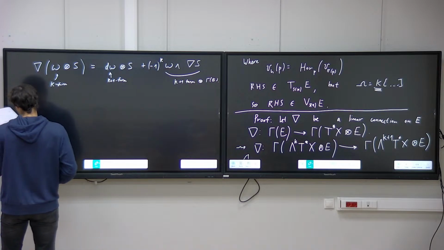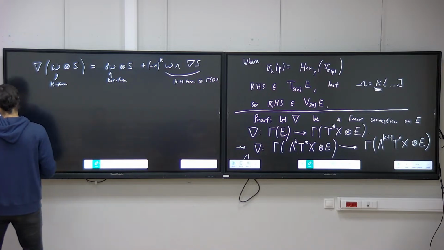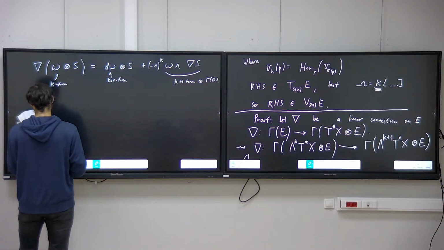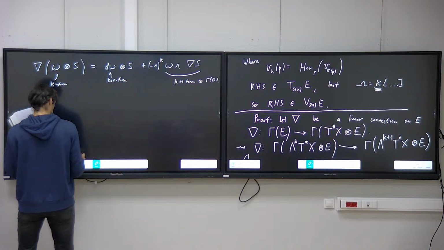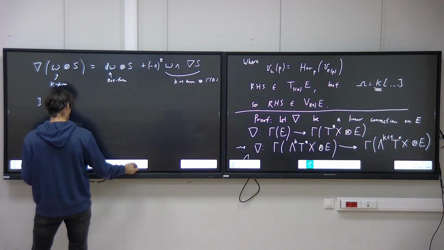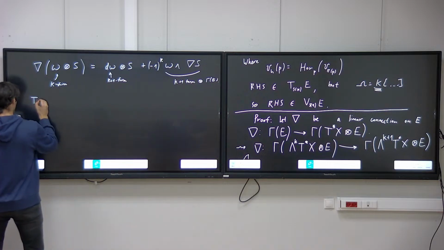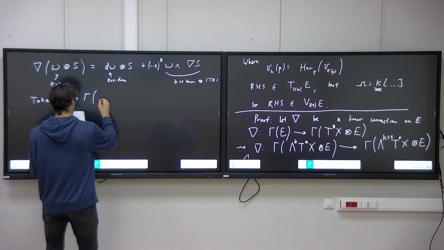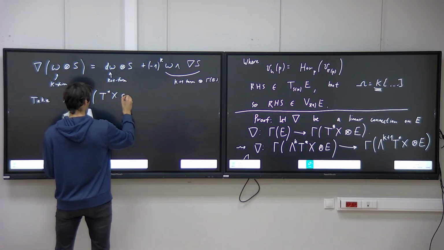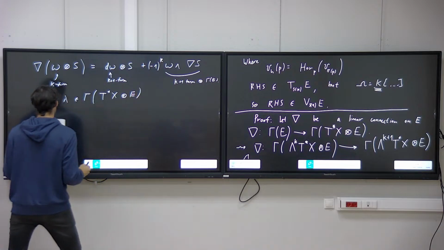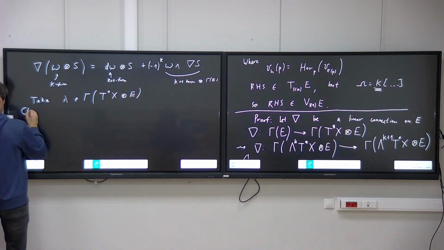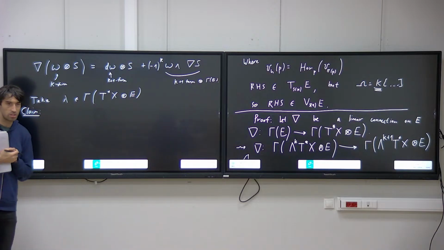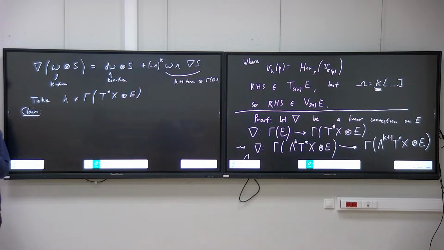That's one thing. And so we have the following. So if I have some lambda, which is from gamma of T star X tensor E, then we have the following claim, which I will not prove because we proved the same thing for d, and here it's just proved again in coordinates.